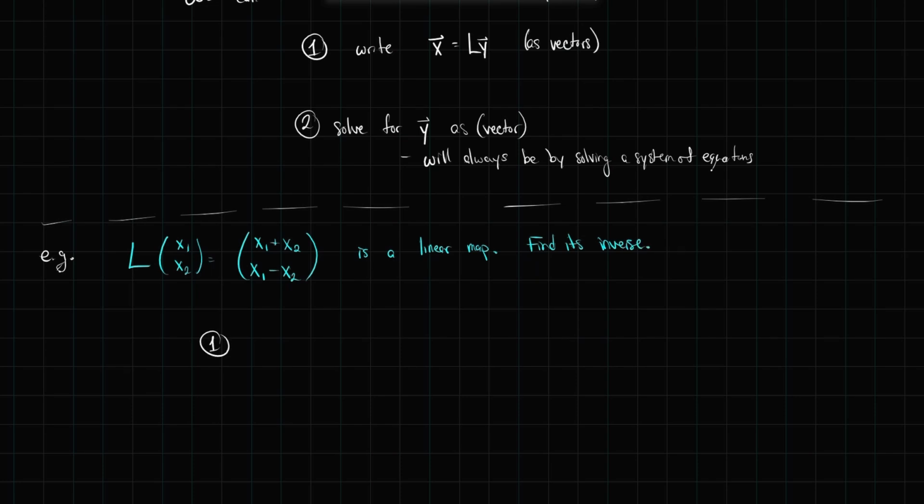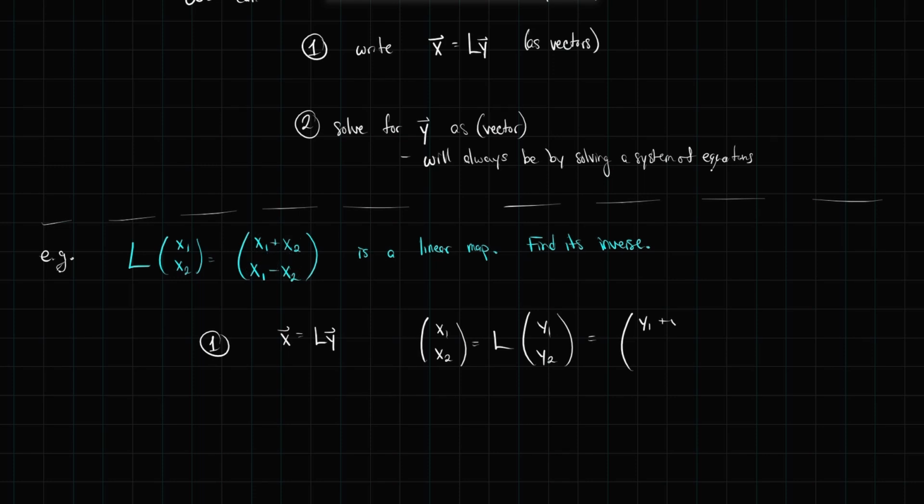We're going to go in step 1 and we're going to say, write out x vector equals L of y vector. Let's think about what vectors mean in 2 dimensions, right? So I've got 2 dimensions here. My vectors are really going to be x1, x2 equals L of y1, y2. But what is L of y1, y2? We can compute that just based off the definition here. L of y1, y2 will be me plugging in y1 and y2 to the right-hand side.